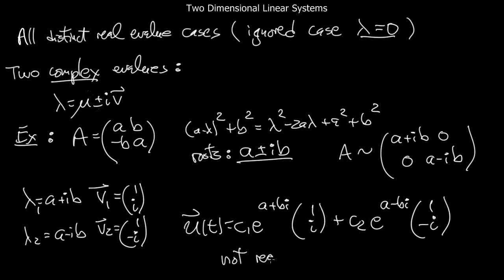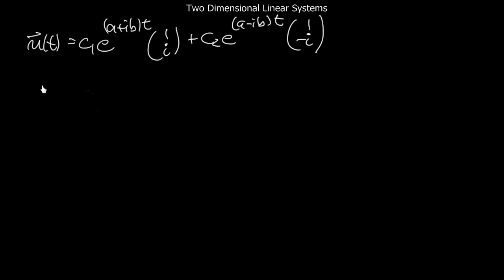And that's perfectly fine, except it's not real. There's a bunch of complex numbers, a bunch of i's in there. So how do you get a real solution? Well, the thing to do is to write this out in its real and imaginary parts.